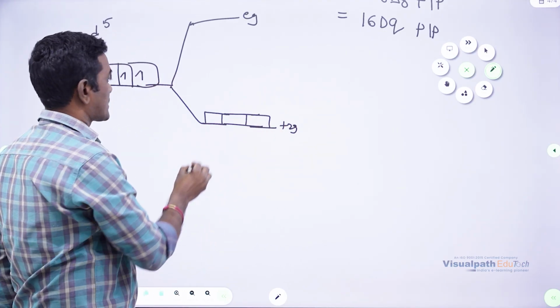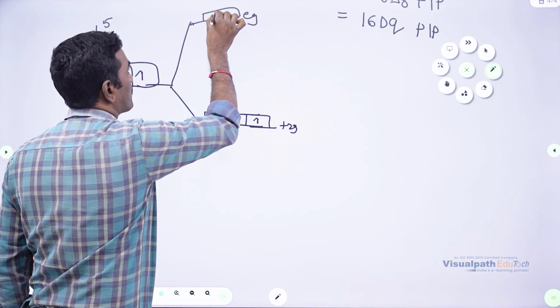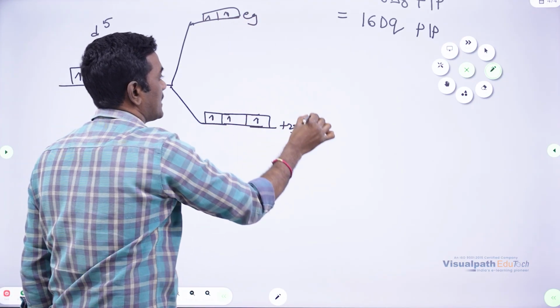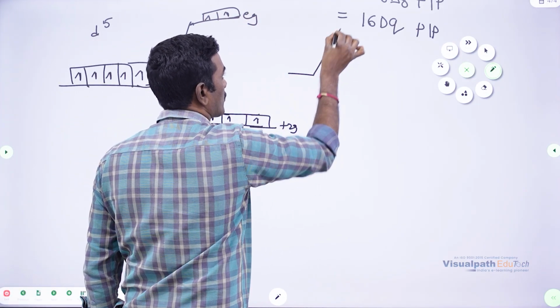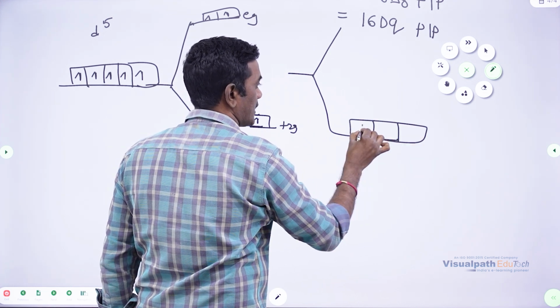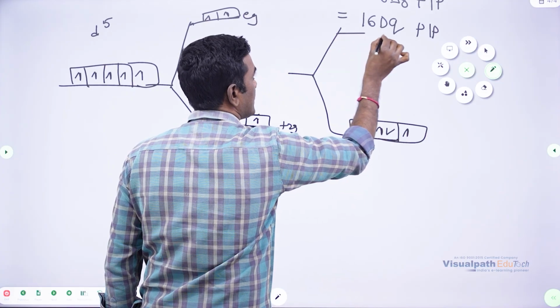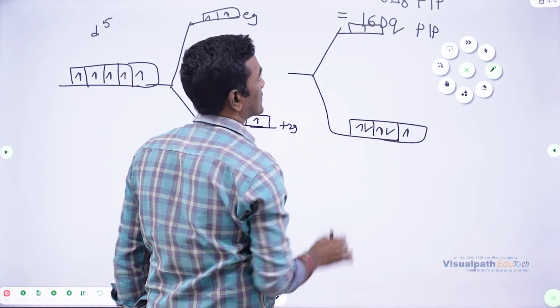Now 5 electrons, right? 1, 2, 3. No need to pair because it's a high spin complex. Whereas in the case of this one, you have to pair. 1, 2, 3, fourth electron pair, fifth electron pair.